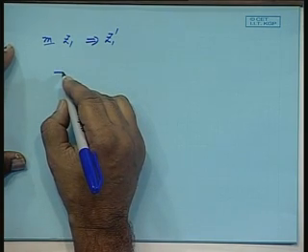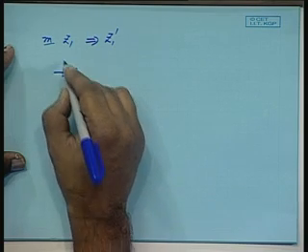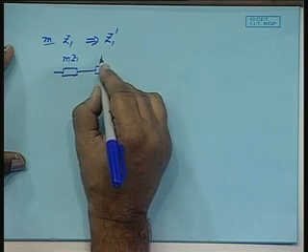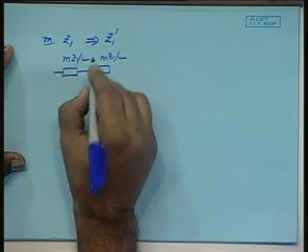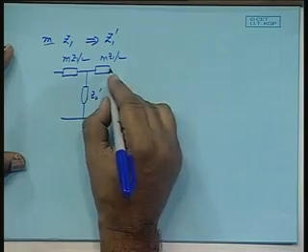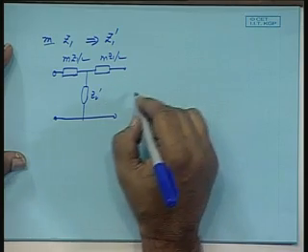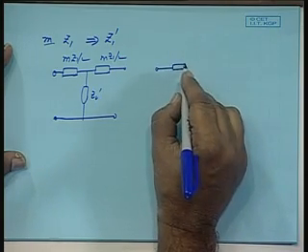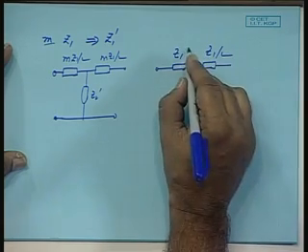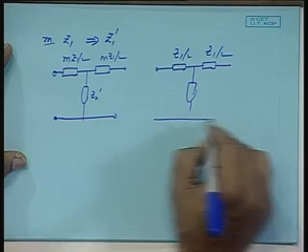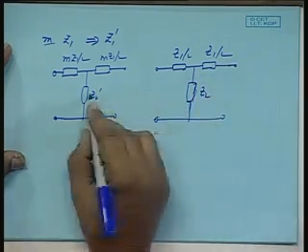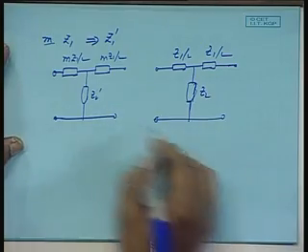So, if we consider MZ1 by 2 here and here, then what will be this Z2 dashed, which will have an identical characteristic impedance? The two networks should have identical characteristic impedance. So, what will be Z2 dashed?